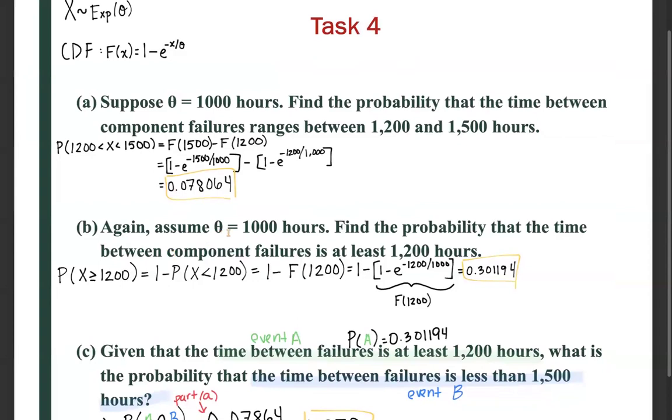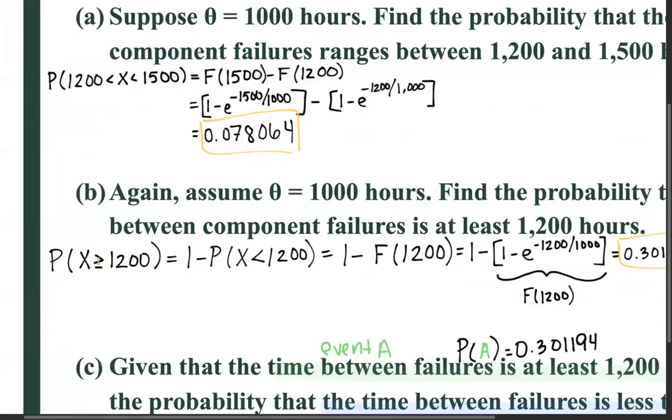Next is part B. Again, assume that theta equals 1,000 hours. Find the probability that the time between component failures is at least 1,200 hours. At least means that it's greater than or equal to. So we want the probability that x is greater than or equal to 1,200.